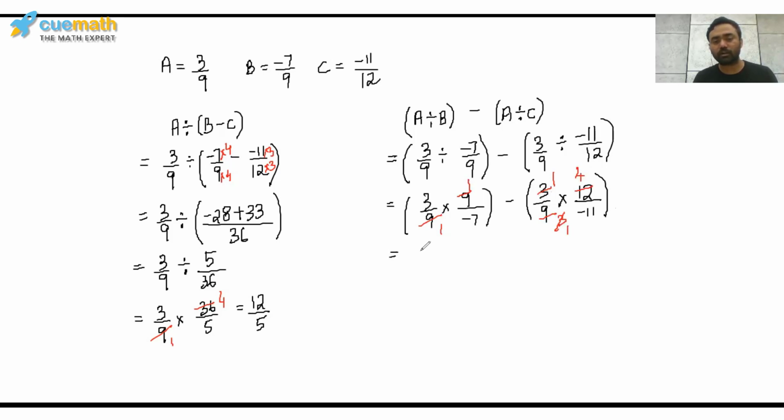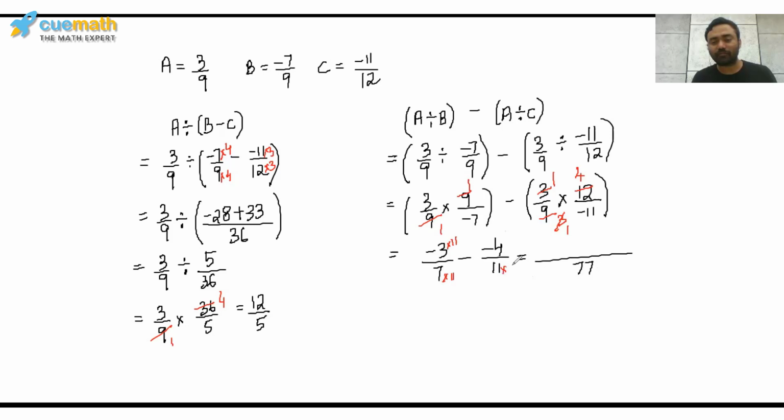So we're going to get 3 over negative 7. Let us write this as negative 3 over 7 in the standard form, minus this, we are going to get this as 4 over negative 11, but we'll write negative 4 over 11 in the standard form. LCM of 7 and 11 would be 77, just by multiplying 11 here, and we'll have to then multiply 11 here as well.